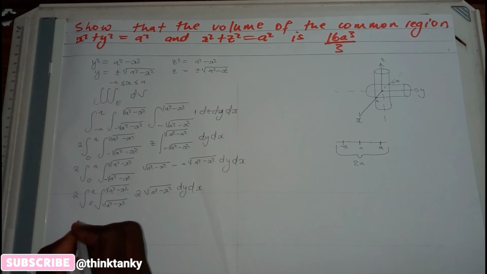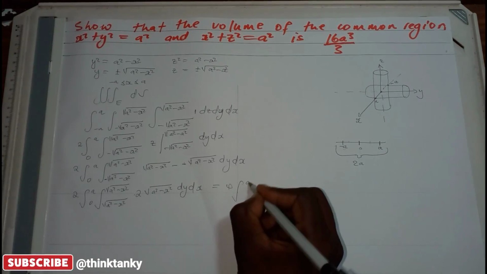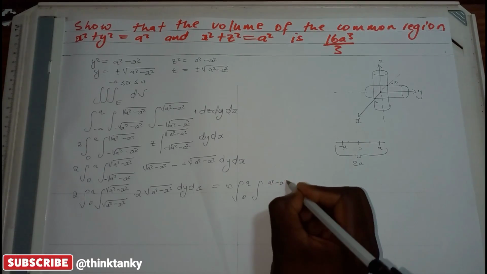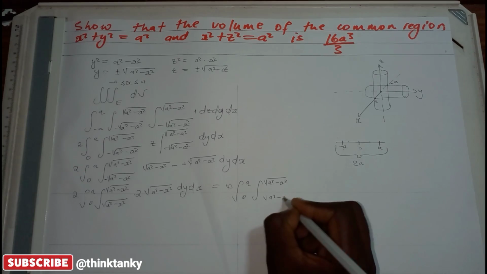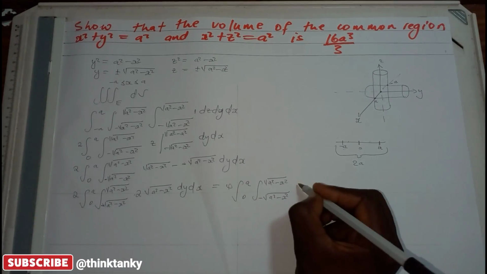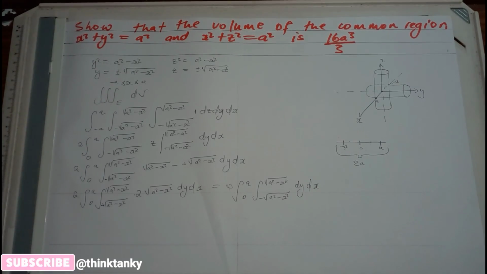So 2 times 2 is 4, the integral of the square root of a squared minus x squared, minus the negative lower bound, dy dx. And now I have to integrate.